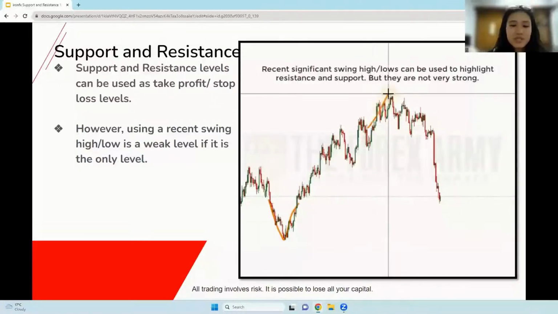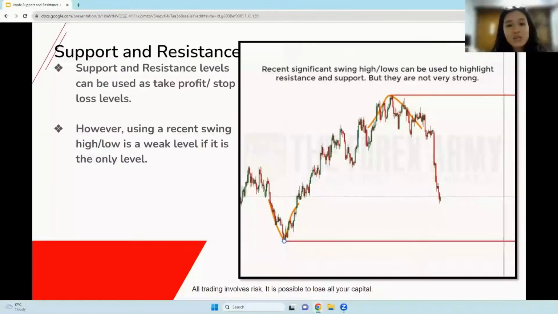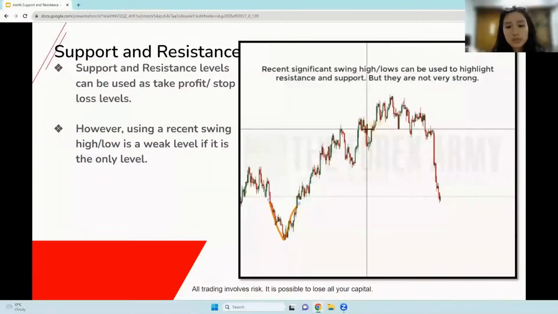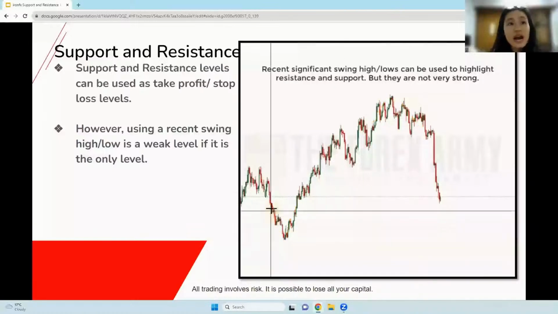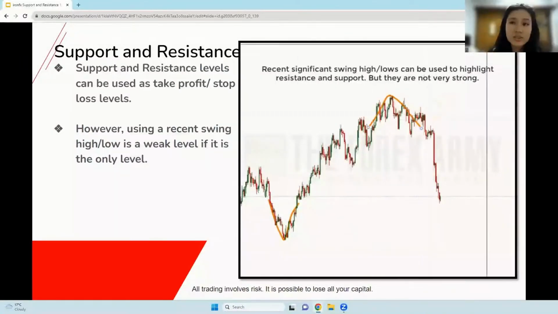So support and resistance. You can use these levels as take profit and stop loss levels. But you should not use it as an entry if there are no other supporting arguments, such as Fibonacci or other graphical levels to support your analysis. Using a recent swing high or a recent swing low is typically considered a weak level if it's just that level alone.